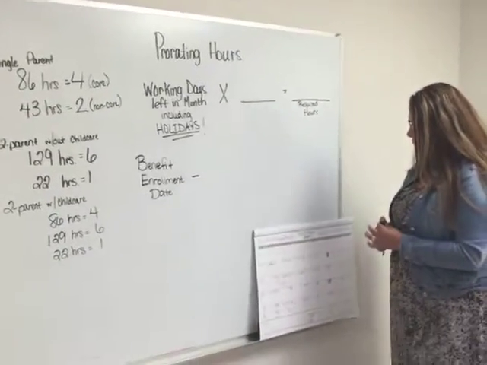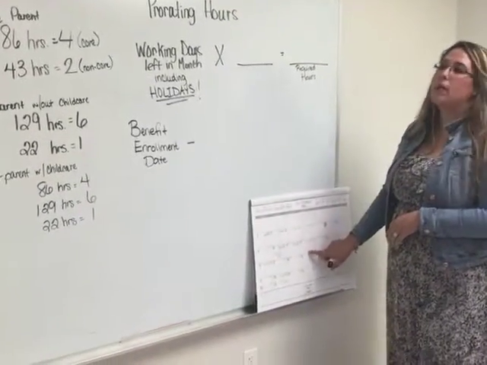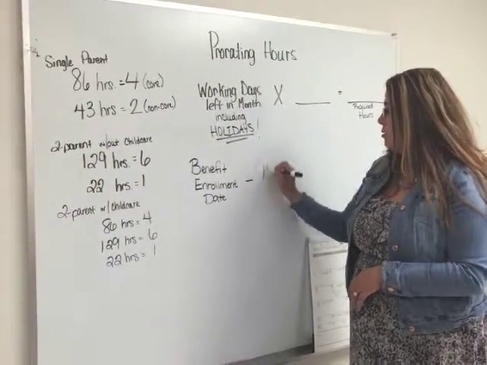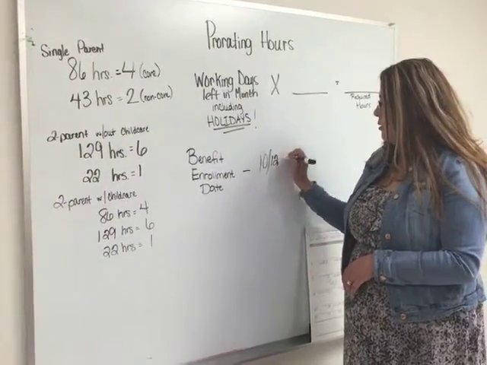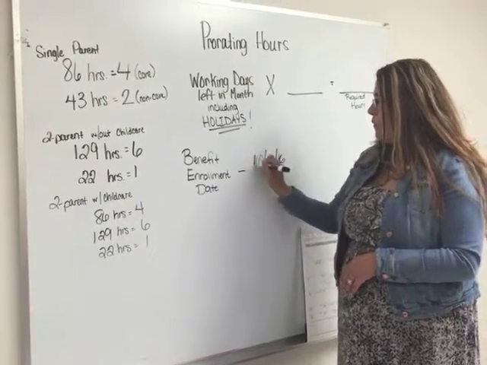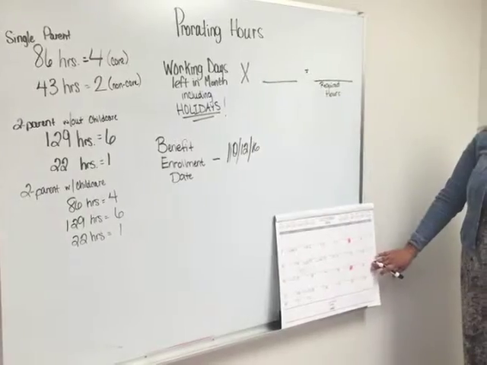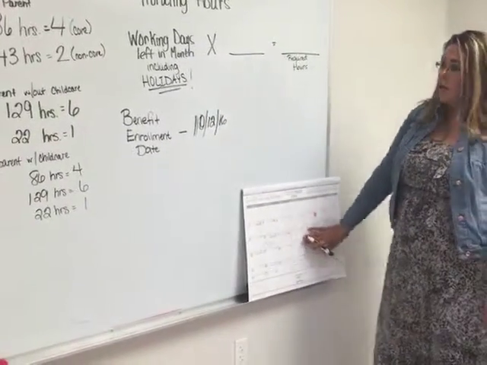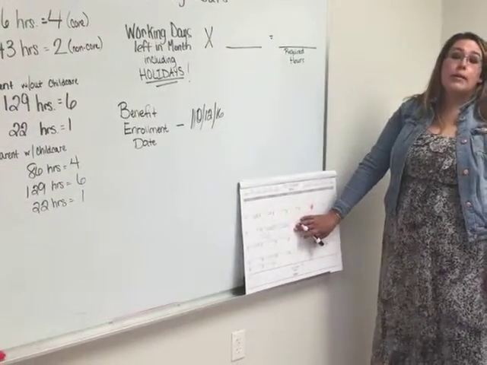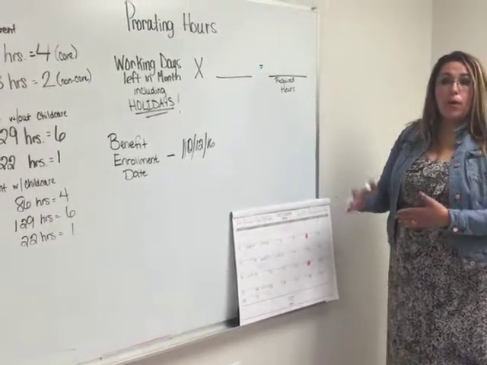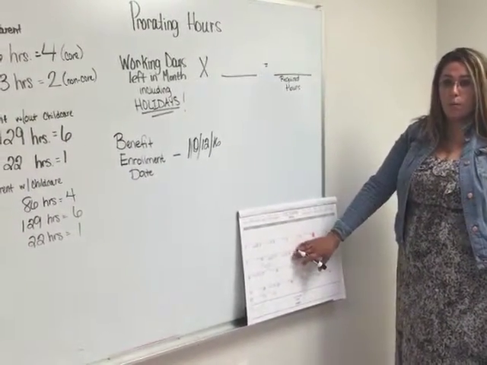So let's say, for instance, we have an individual who was approved on 10/12, okay? We're going to be looking at the working days left in the month. And we are going to count the 12th because they were paid money on their card starting for the 12th.